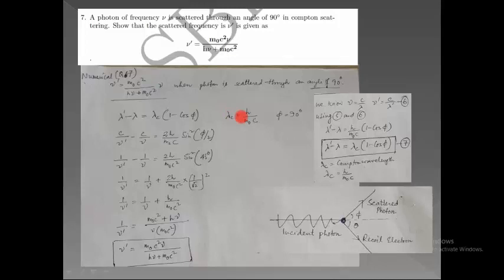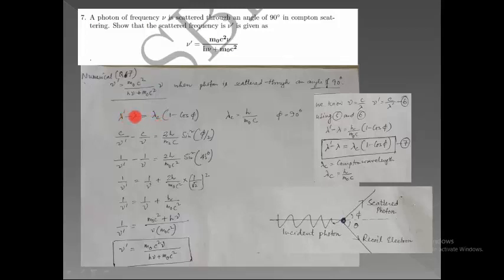And substitute the value of Compton wavelength, which we say lambda C, as h by m0c. There are two ways. You can write this, it is also correct, but I would tell you to just substitute the value of cos phi. Phi is 90 degree. What is cos 90 degree? 0. So you'll get lambda dash minus lambda is equal to lambda C.